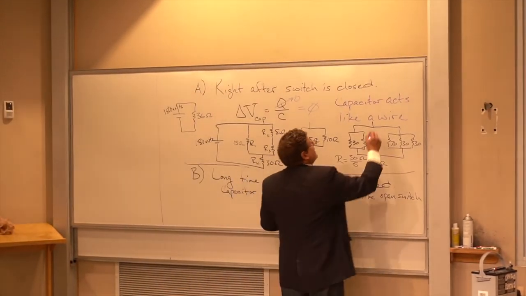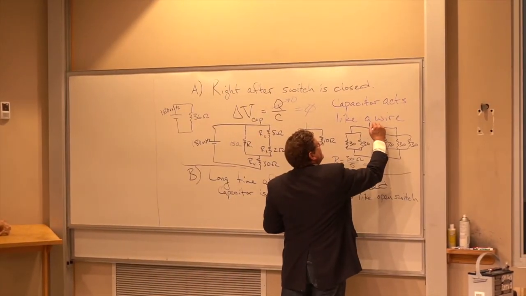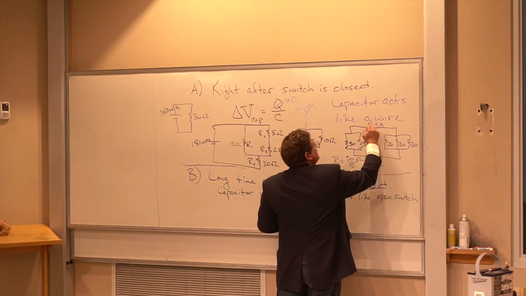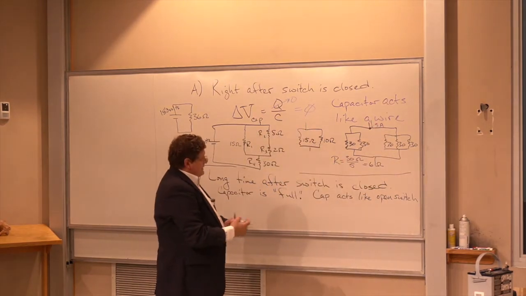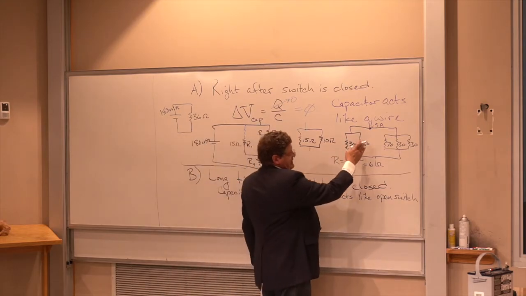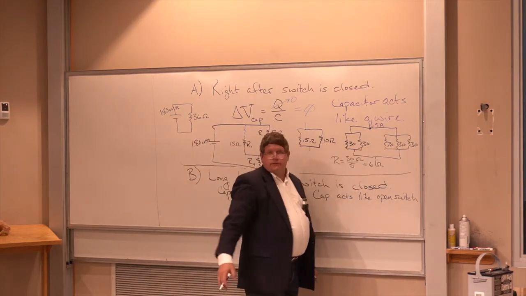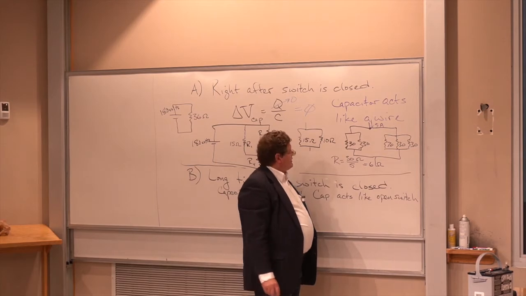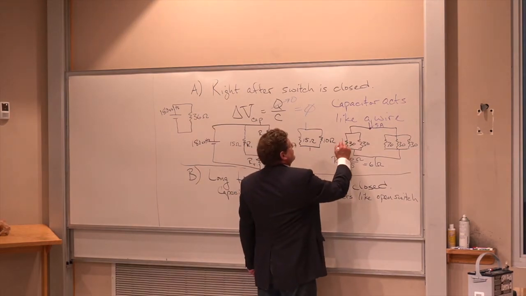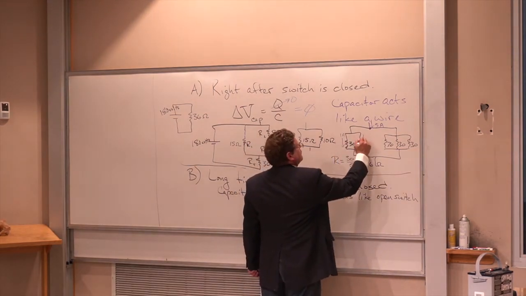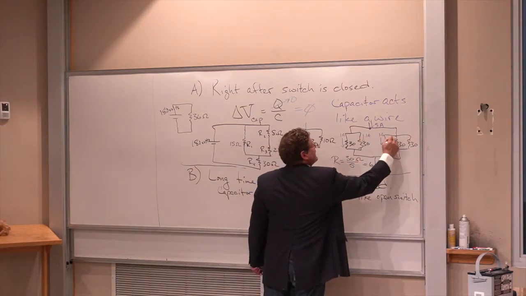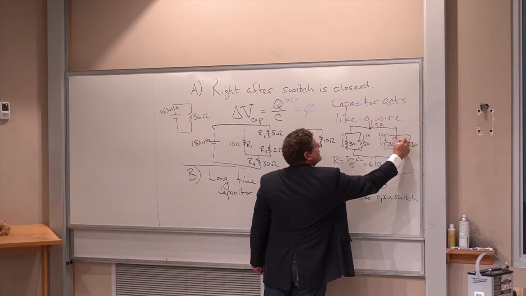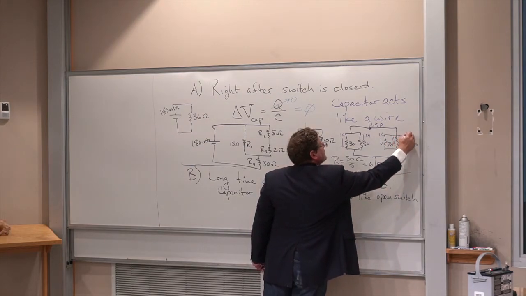If I have 5 amps coming into that junction right there, what it sees are 5 identical paths. There's no reason to choose one path over the other. So what I'm going to get is 1 amp going there, and 1 amp going there, and 1 amp going there, and 1 amp going there, and 1 amp going there.